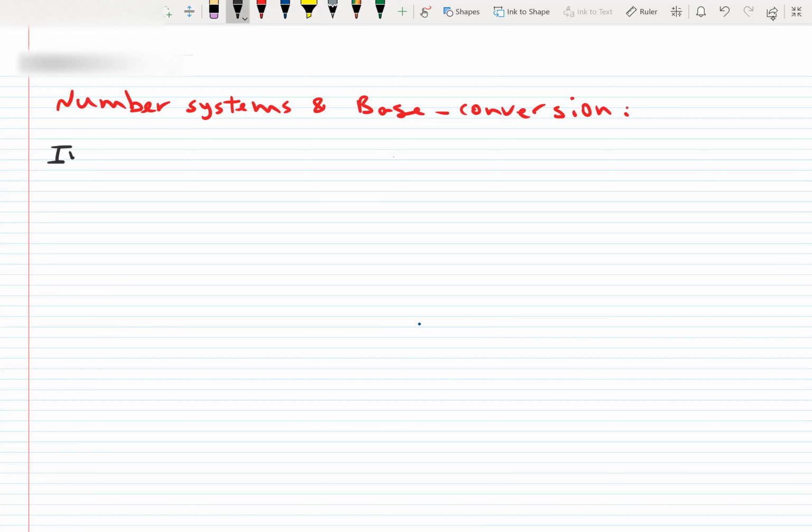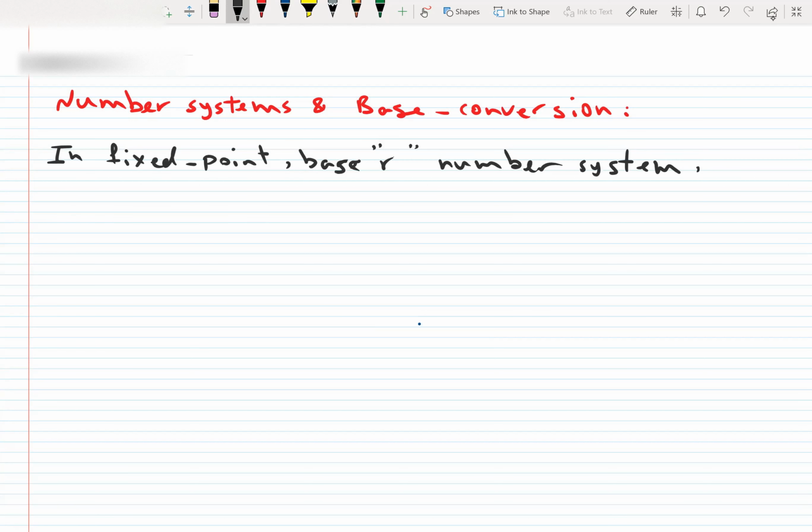We say that in a fixed point, base R number system, a number is written as the number N in base R. What we use in our daily life is base 10, so R is 10, but in any other base we can also represent numbers.